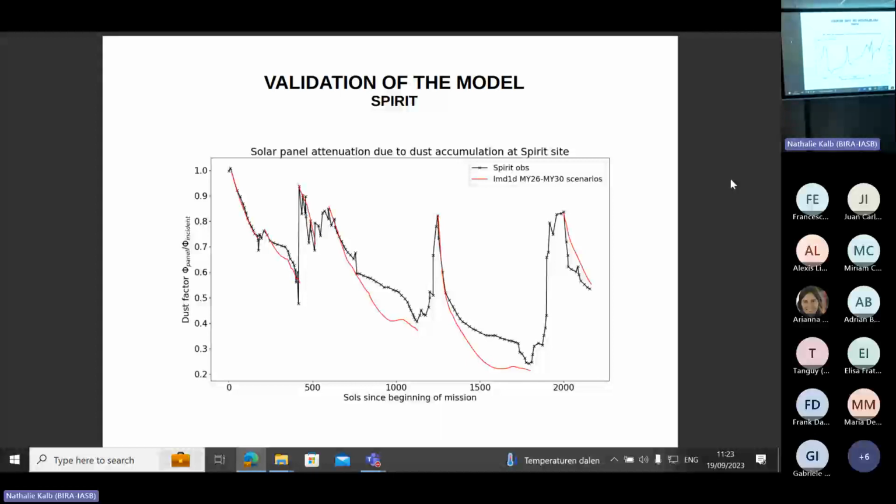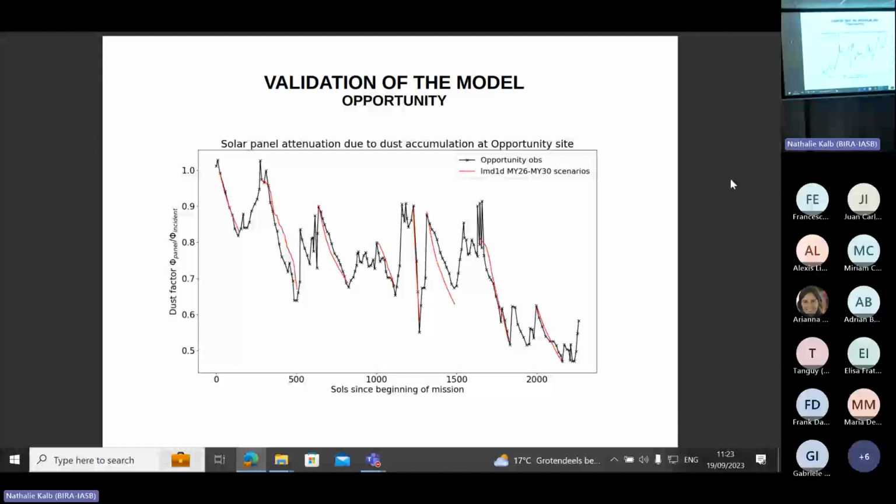And you have to relaunch the simulation every time you have a dust cleaning event. So what you see is that we have a good agreement, especially at the beginning, but indeed the model slightly underestimates the dust factor at some point, but still good agreement overall. Same for Opportunity. We have a good agreement overall with a lot of dust cleaning events.